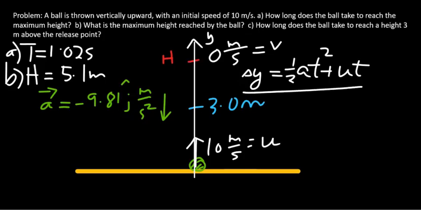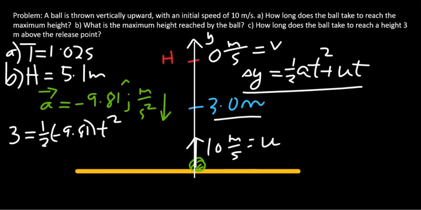So let's substitute the details. Delta y is, of course, 3. Acceleration is minus 9.81. T, we don't know. The initial speed is 10, again times t. So we need to determine that t.